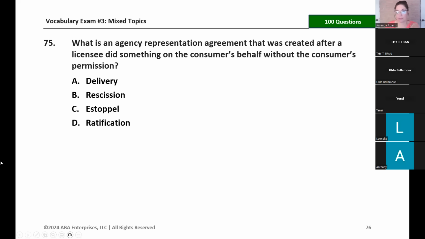This is called D, ratification. Okay. So basically a person with a license, you're working with someone and the person hasn't hired you yet. So you're not officially their agent, but you take it upon yourself to do something on their behalf and they're okay with it.